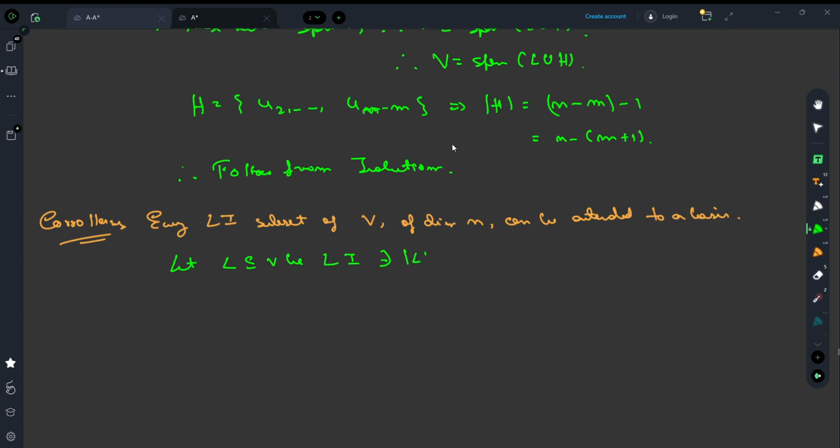Okay. How do we prove this? So let L contained in V be linearly independent, and let's say the number of elements in L is M.